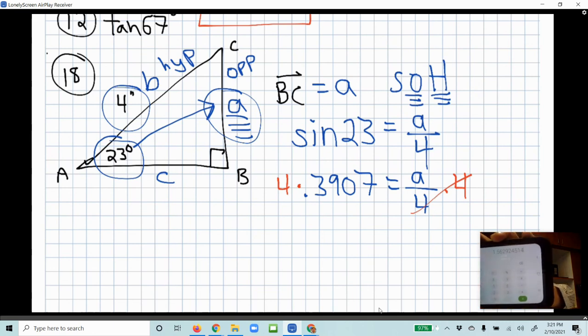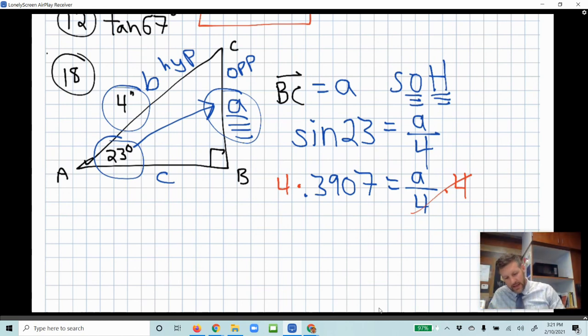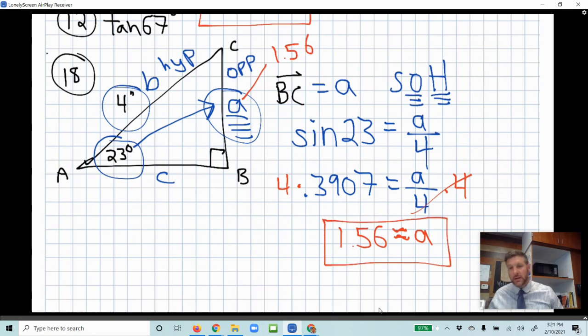So there we go. It says to the nearest hundredth, so 1.56. So that means A is approximately 1.56. So this side length here is 1.56. I just found the length of that side using my right triangle trig ratio.